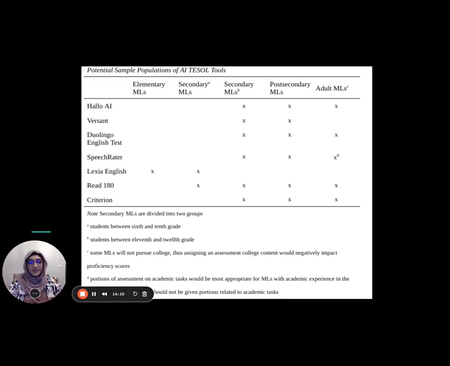So you don't want, same goes for adult MLs. We have post-secondary MLs, but we also have multilingual learners who are not college bound, and you don't want to provide them an assessment that will assess academic language skills if they haven't had academic language experience. So you would have to choose carefully what part of the assessment to provide if these are your sample populations.